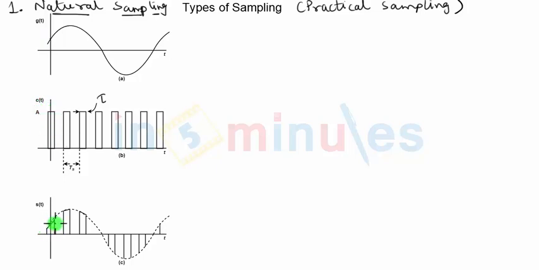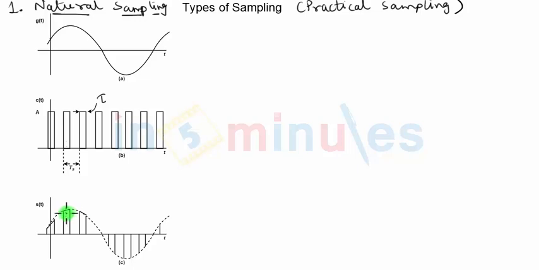The output rectangular pulse has a magnitude exactly similar to the modulating signal. When the second rectangular pulse occurs, its magnitude will also be adjusted as per the current magnitude of the modulating signal, and you can see it acquires the corresponding height. And this will go on for all the rectangular pulses.